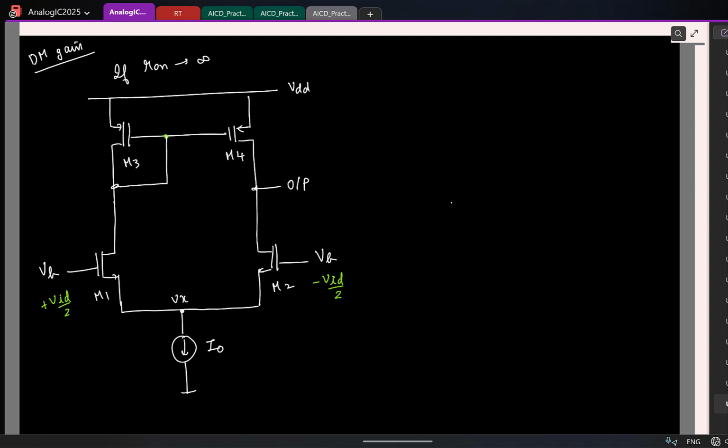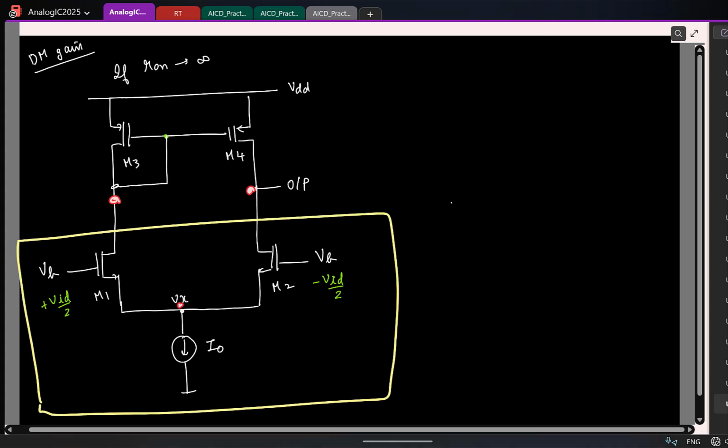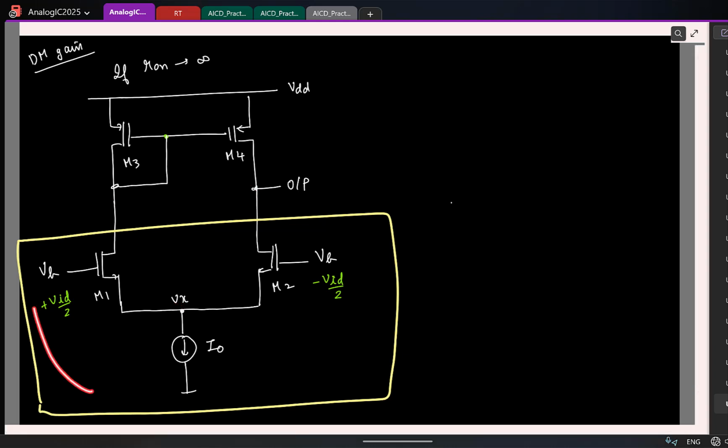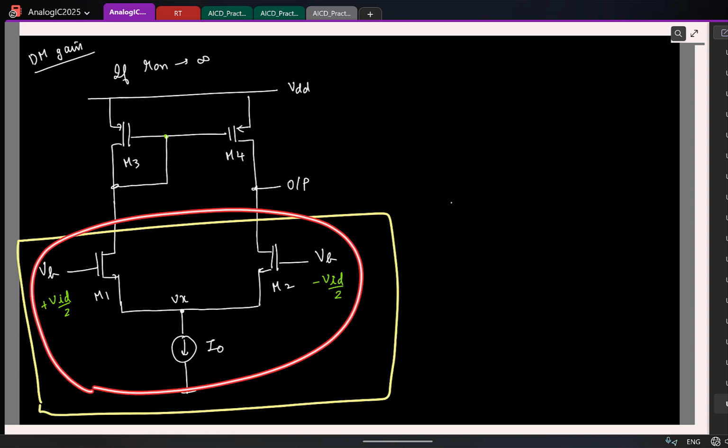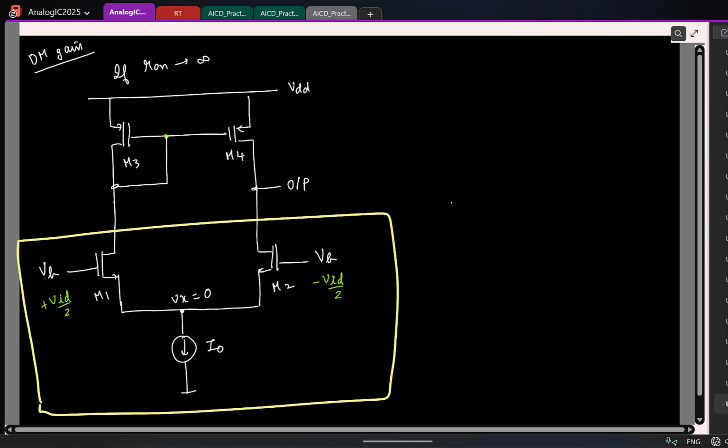So now I can treat this part in isolation, because I don't care what happens at the drain side, because this will not affect my source. Now if I look at the portion in the yellow box, is that portion symmetric or asymmetric? That is now symmetric. So now I can make a statement that Vx is 0.